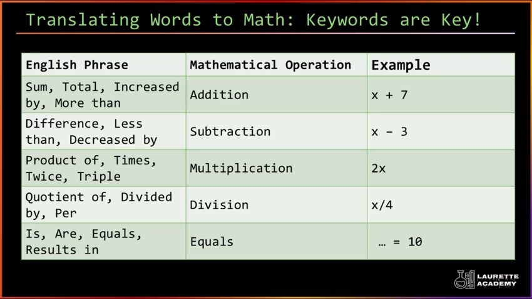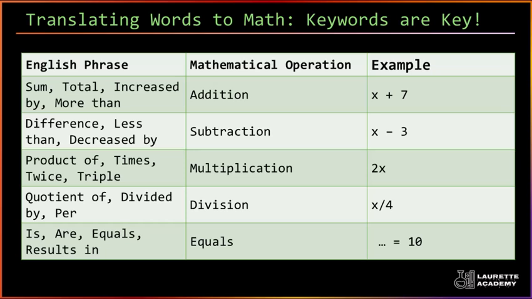Twice a number is simply 2x. Quotient of, divided by, or per, like meters per hour, suggests division. And crucial words like is, are, equals, or results in translate to the equal sign.